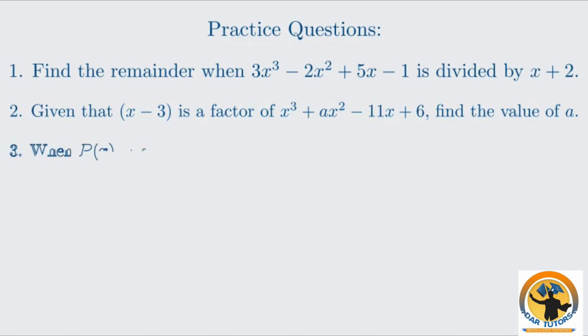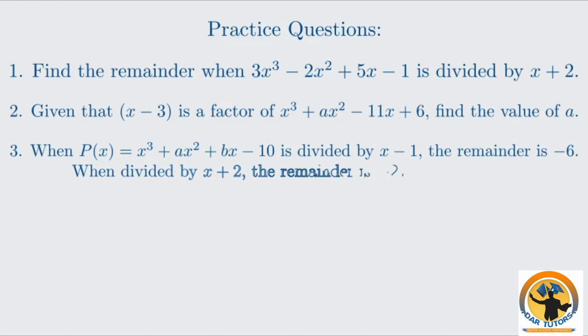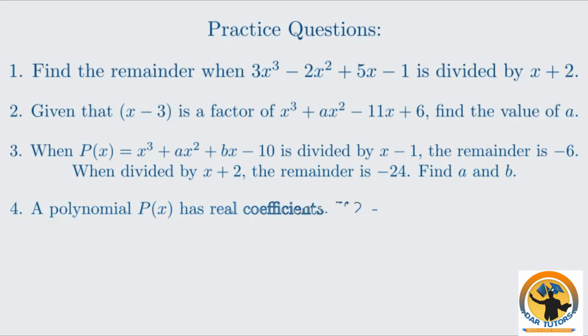Question 3. When the polynomial p of x equals x cubed plus ax squared plus bx minus 10 is divided by x minus 1, the remainder is negative 6. When divided by x plus 2, the remainder is negative 24. Find the values of a and b. Question 4. A polynomial p of x has real coefficients.